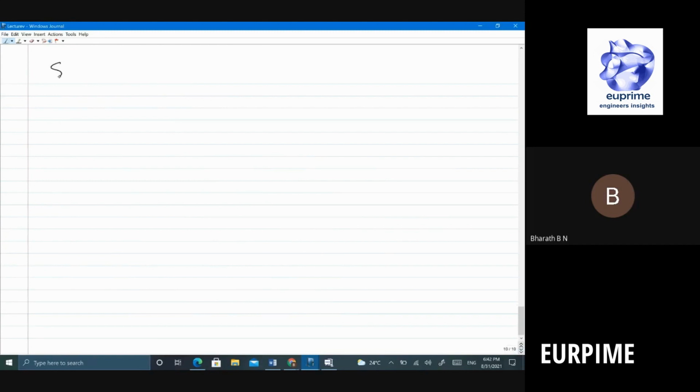So this is called the singular value decomposition, SVD for short. This is very, very useful. This decomposition is very, very useful in machine learning. So what is this singular value decomposition doing?